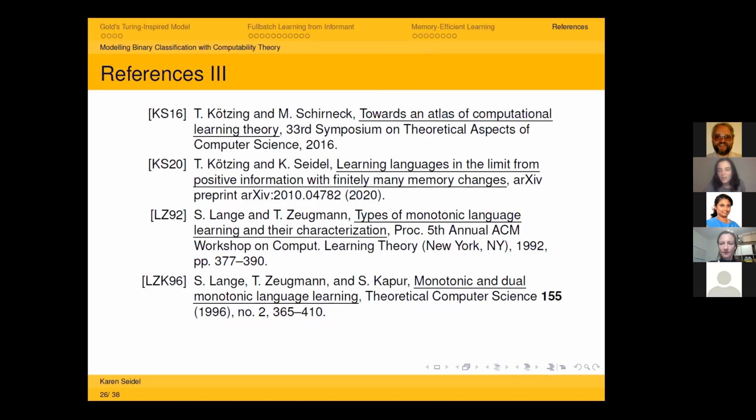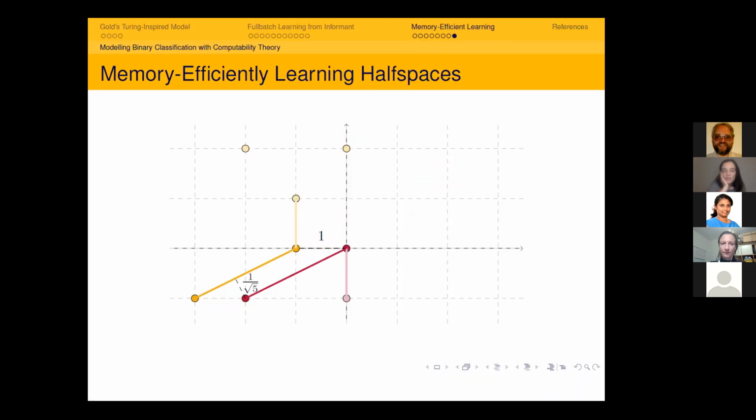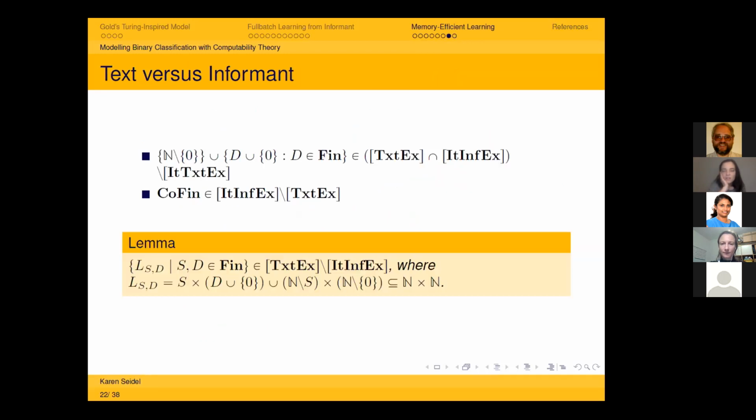I have a very general question. You talked about differences between the results for learning from both the positive and negative information and only from the positive information. Are there also differences in techniques that are used?